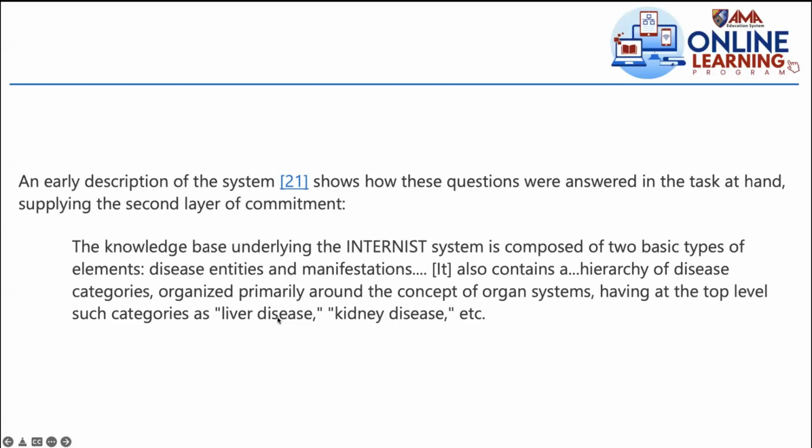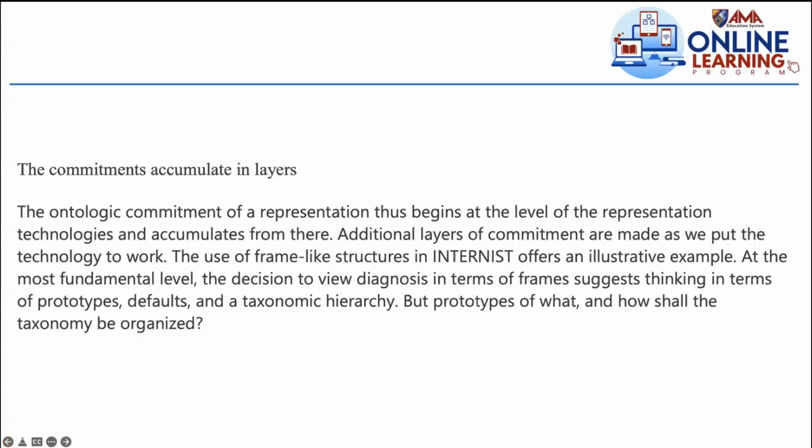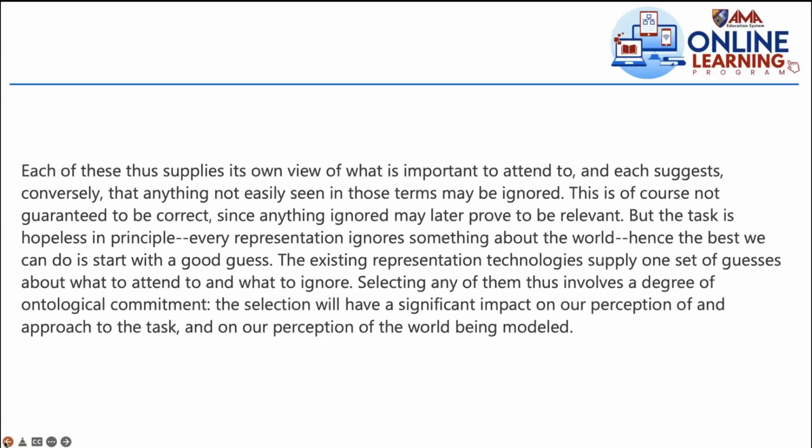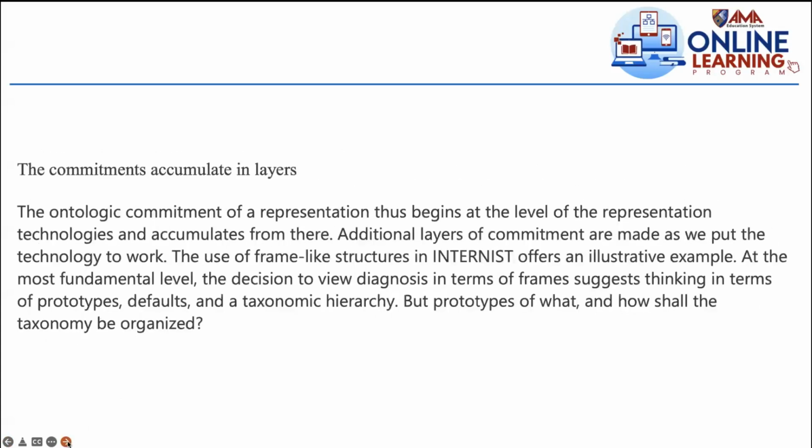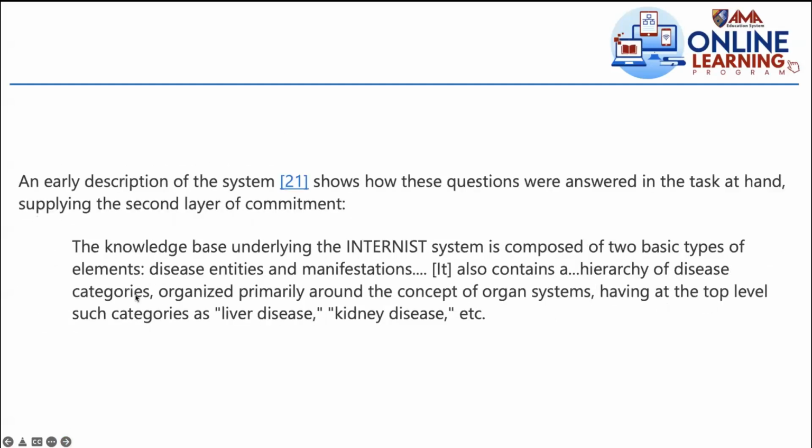And what is the name of that liver disease, and what's the corresponding treatment plan for it? Those are the things mentioned here. Commitments accumulate in layers, so there are still questions to be answered. Not only that initial choice: commitment begins with the earlier choices, but that first choice will yield more questions. That's why the commitments accumulate in layers.